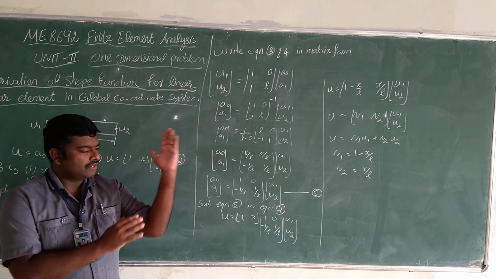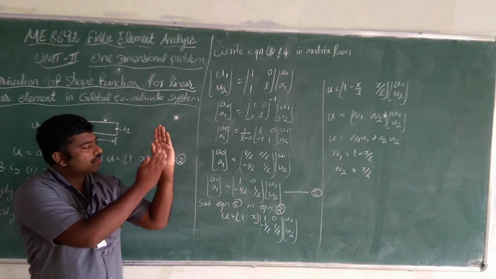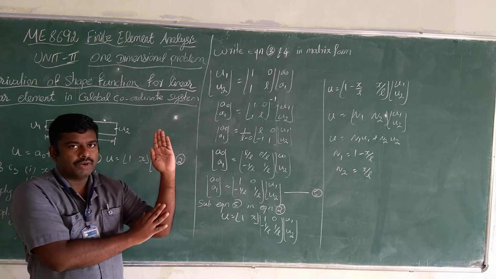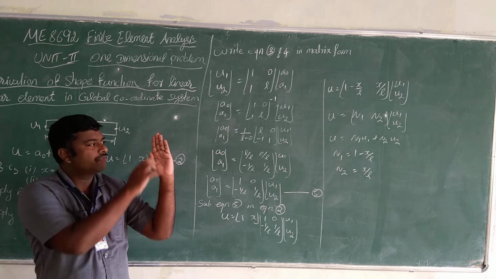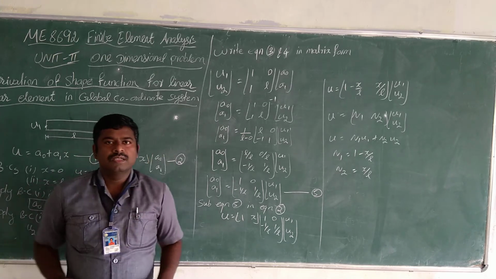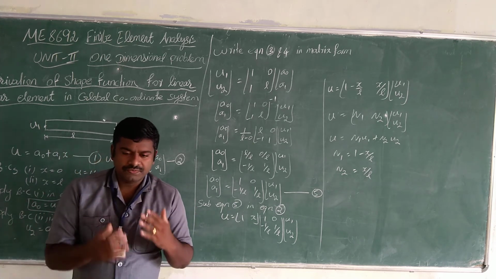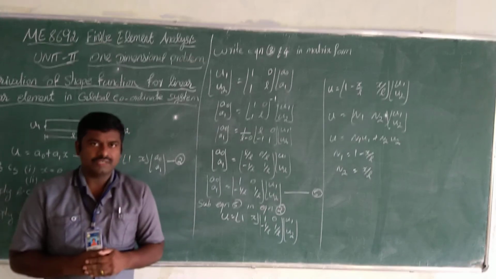So there are 2 nodal points, this is one nodal point and this is another nodal point. So we are not able to obtain the value between the nodal points. So here we find the approximate value with the help of these nodal points. That approximate value is found by using the interpolation functions or shape functions.